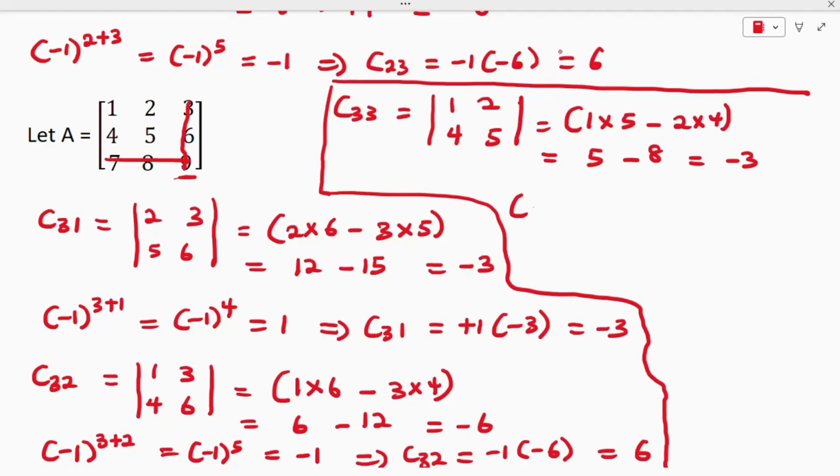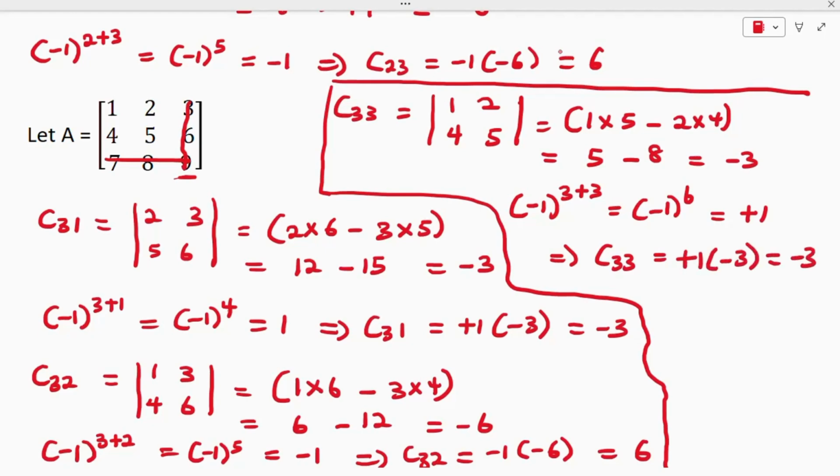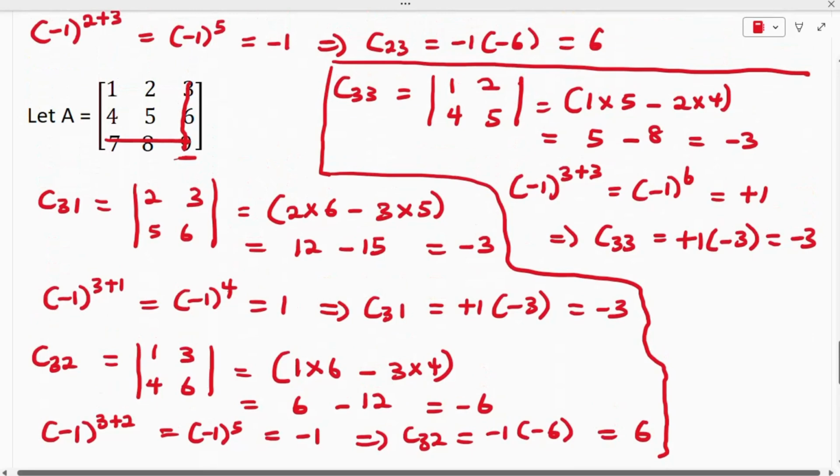So apply the sign pattern. We have minus 1 raised to the power of 3 plus 3, which is minus 1 raised to the power of 6, and that is equal to plus 1. So C33 is equal to plus 1 multiplied by minus 3, and this is equal to minus 3. So we are done looking for all the cofactors.